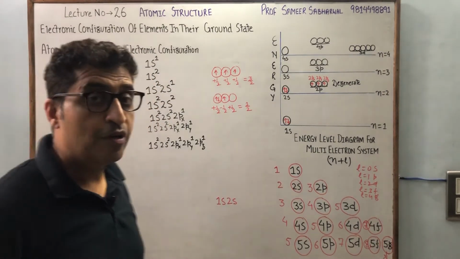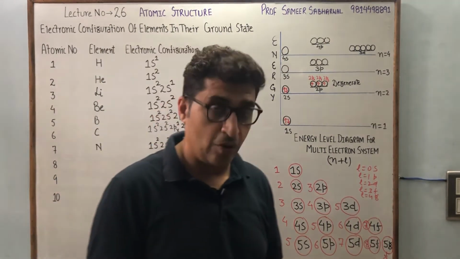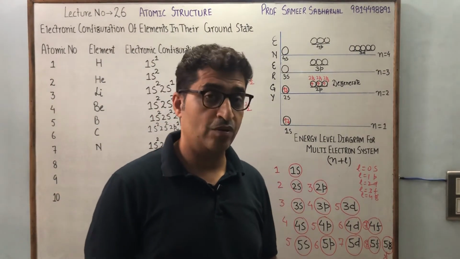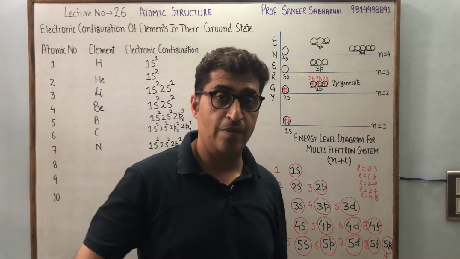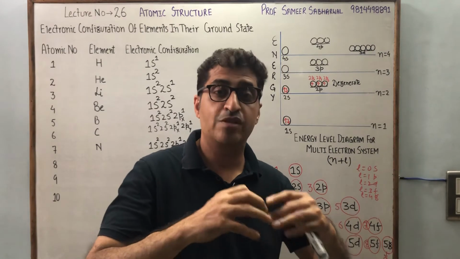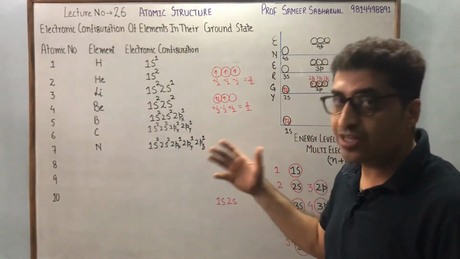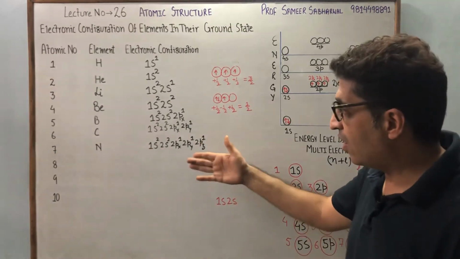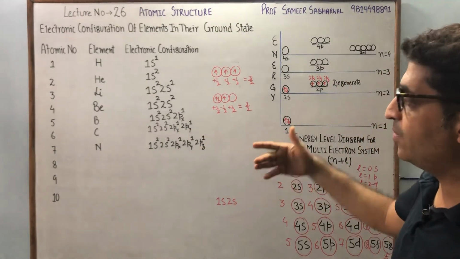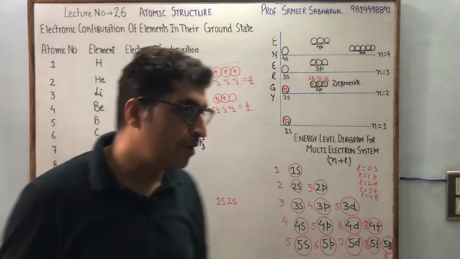So this is maximum multiplicity, means maximum spin, and because of single electrons in orbitals of the same energy, in different directions, the repulsion is minimum. So this is for the stability of an atom. So orbitals of approximately the same energies are filled singly, right? This is Hund's rule. Now atomic number 8.